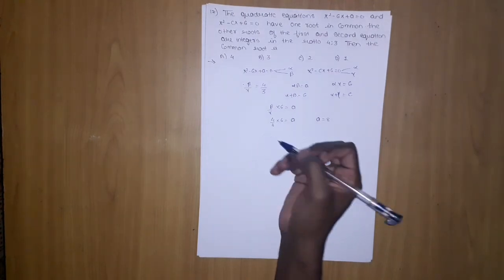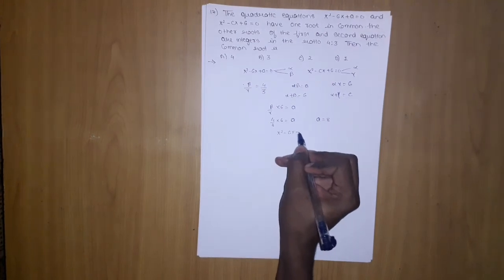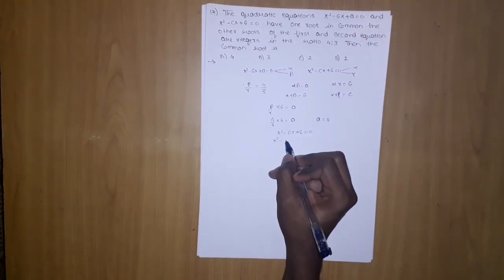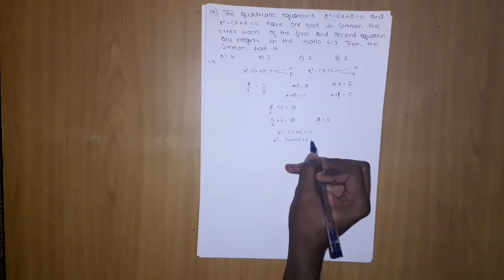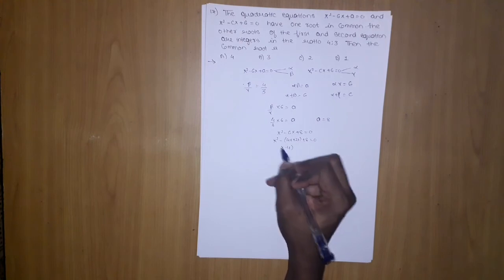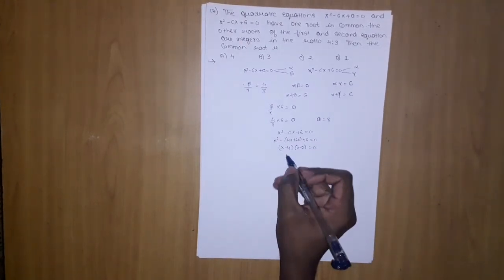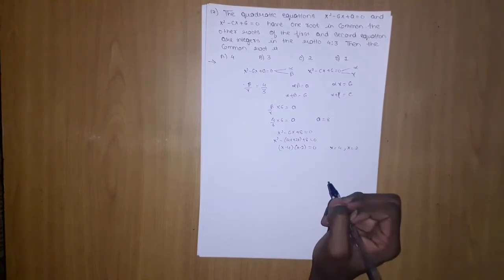Now if a equals 8, then the equation is x square minus 6x plus 8 equal to 0, and what I get is x square minus 4x minus 2x plus 8 equal to 0. I should have solved it directly instead of factoring like this. Okay, I got x equals 4 or x equals 2, and any one of them is the common root.